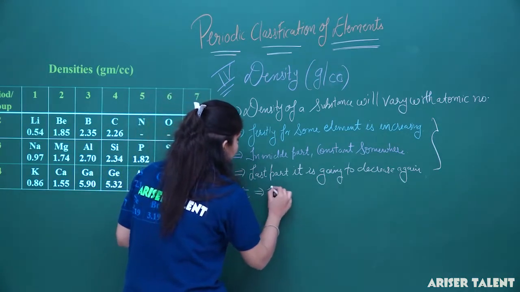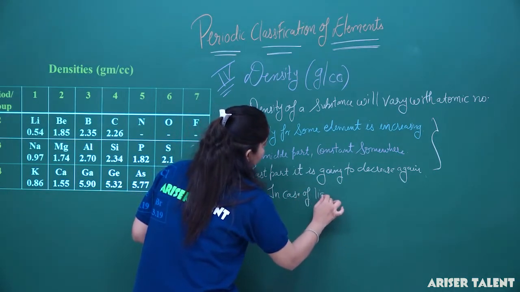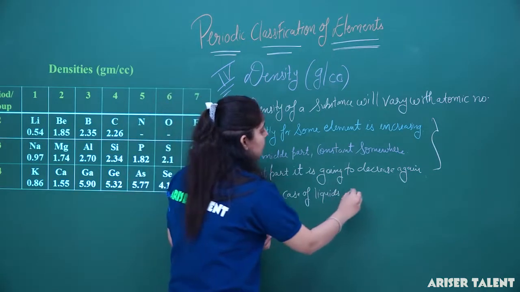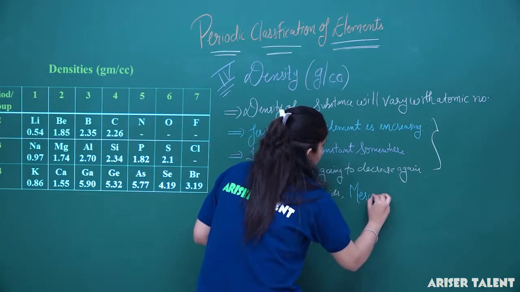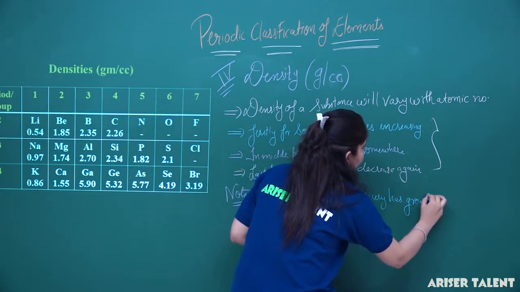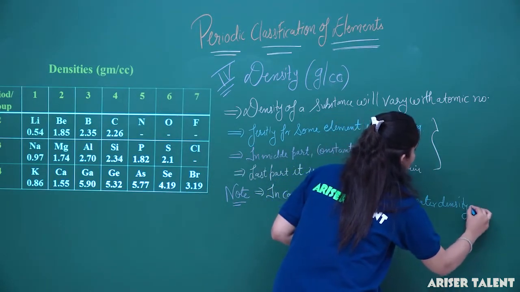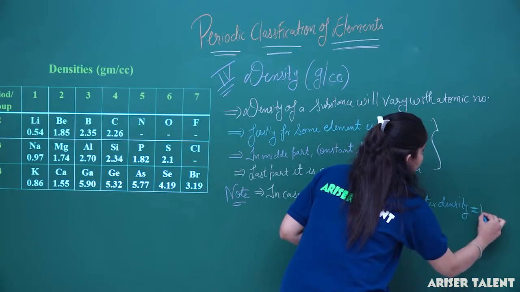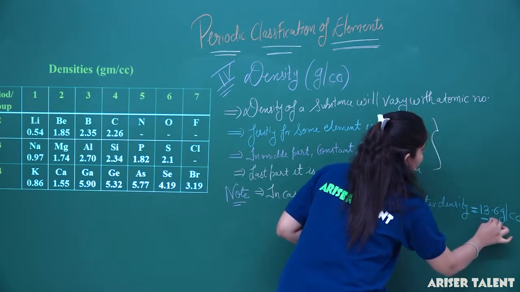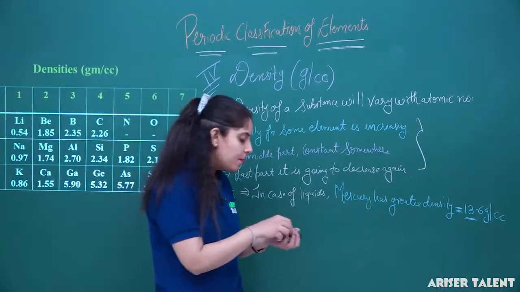The note is, in the case of liquids, mercury has the greatest density. And what is the value of the density here? The density is 13.6 gram per cc, which is very high in the case of liquids. So this will be the density for mercury here.